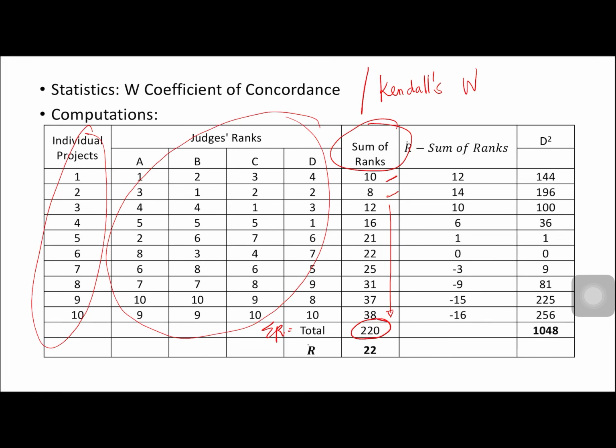The next is to get the average or the mean. We have R bar is equal to 220 divided by 10. It gives us 22. The next is this average of 22. We need to subtract it from the sum of ranks.